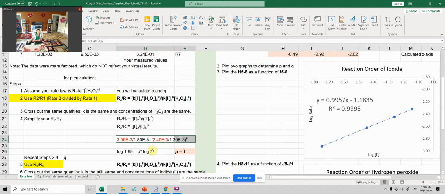Then in order to determine P, you take the logarithm. Therefore, your P equals the logarithm of this ratio divided by the logarithm of this ratio.